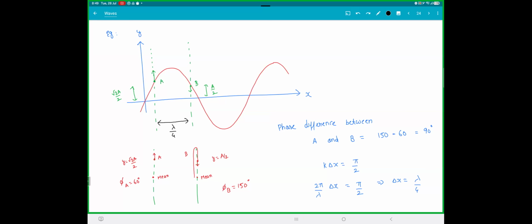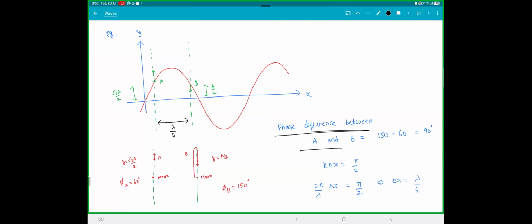Is that clear, everyone? So in an SHM, the phi always talked about the particle with respect to itself. When you say phase difference between two particles, you're comparing two different particles. Think of it like this. It is like asking, how much did you score in the last exam? How much did you score in this exam? So I'm comparing your score with yourself, last exam and this exam. Phase difference between A and B, how much did you score and how much did your friend score?